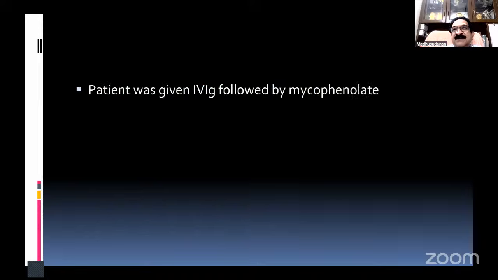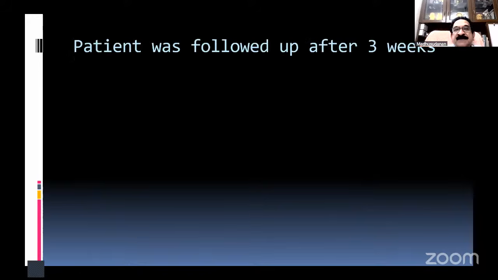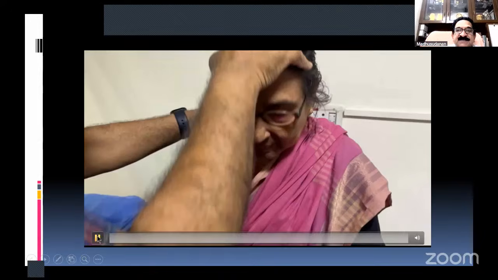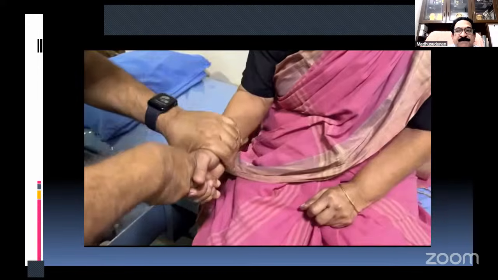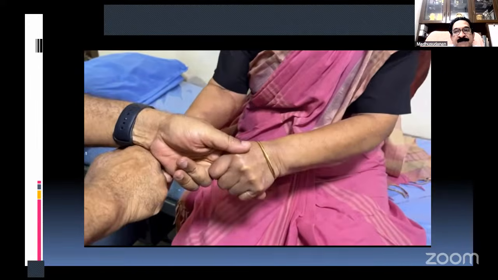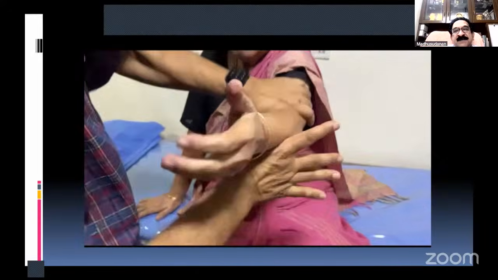So it was actually an immune-mediated necrotizing myopathy. The patient was given IVIG followed by mycophenolate and followed up after 3 weeks. The weakness is improved, the neck has become totally normal, and the upper limbs have improved, but phonation did not improve.